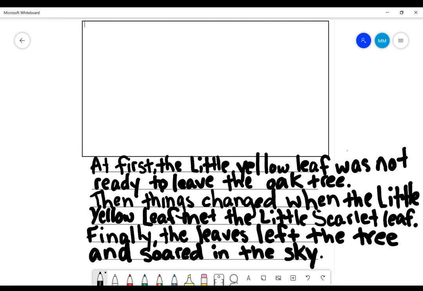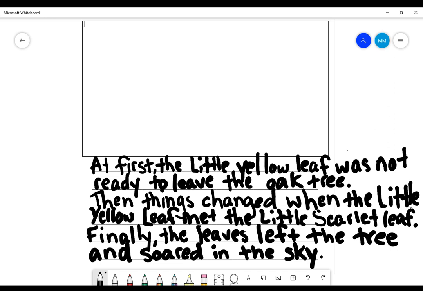Okay. So for this first writing, I want you to practice using that checklist in your head. Make sure you start with a capital letter, your sentences make sense, you end with punctuation, and you use finger spaces. So I'm going to read it to make sure it makes sense. At first, the little yellow leaf was not ready to leave the oak tree, period.